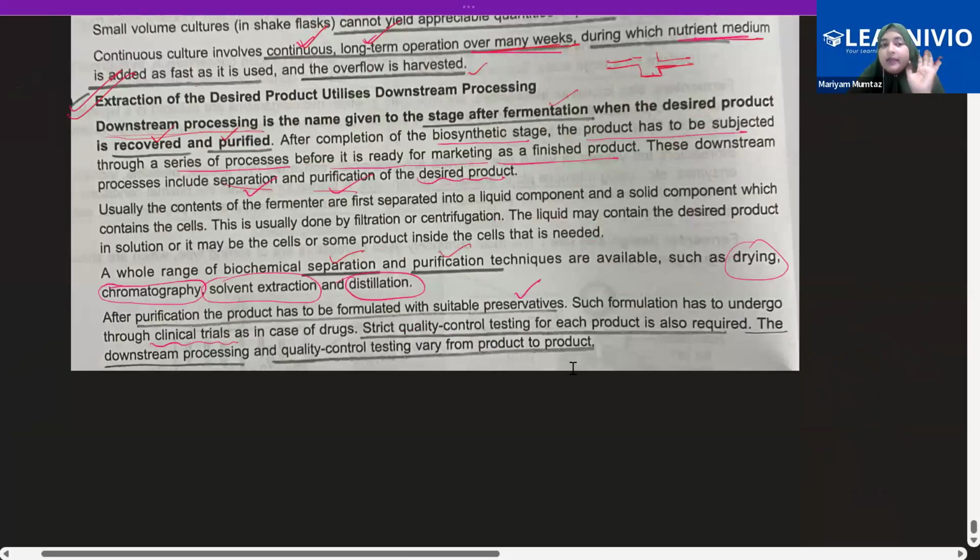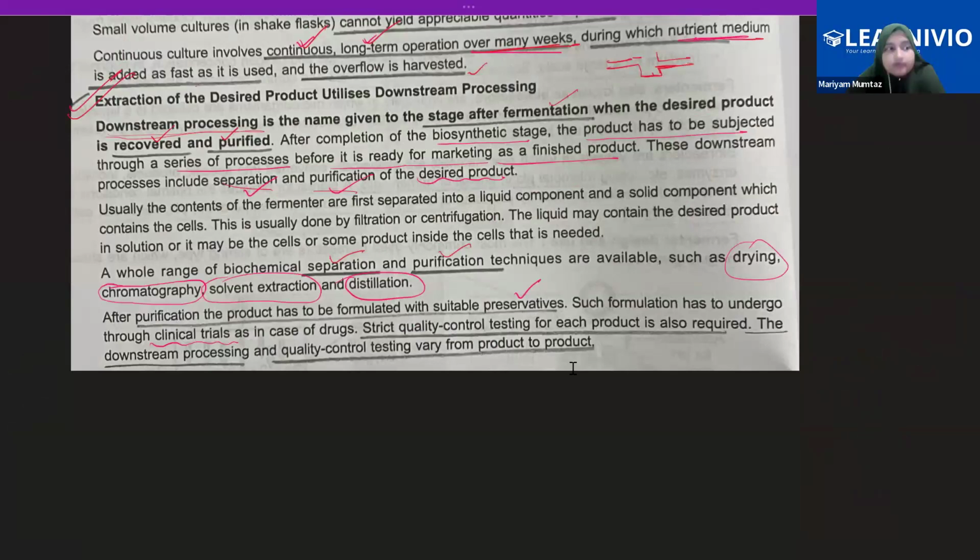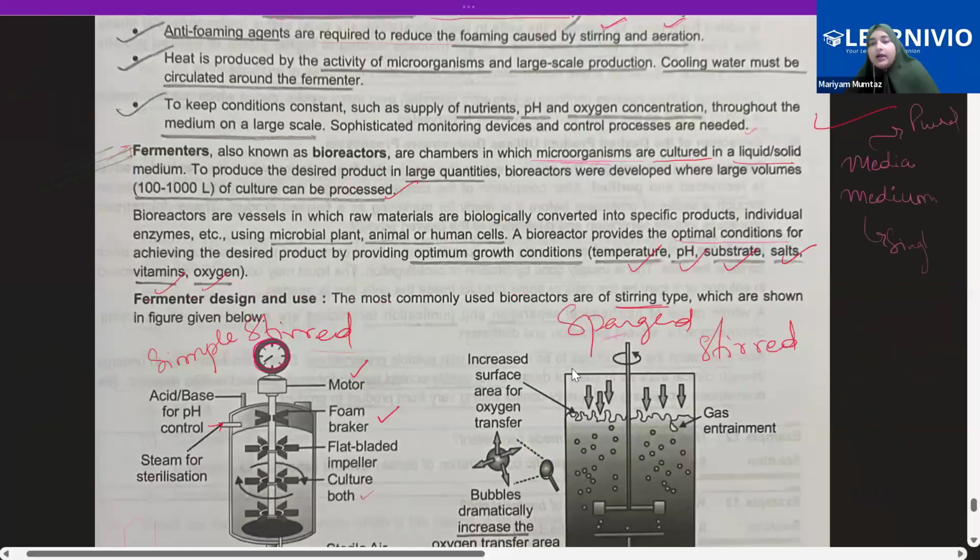So with this, the biotechnology principles and processes chapter is done for the NEET session. Now, we will be solving more questions on this chapter so that we get used to what kind of questions are asked. You remember we have solved the NCERT questions as well, isn't it?